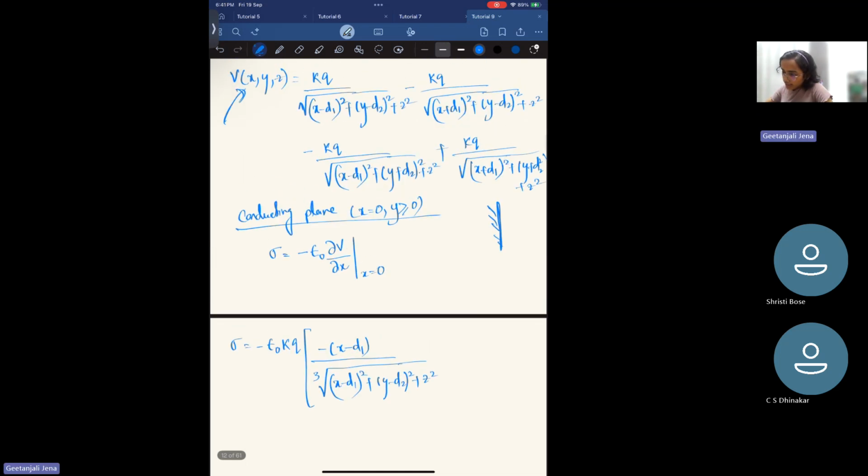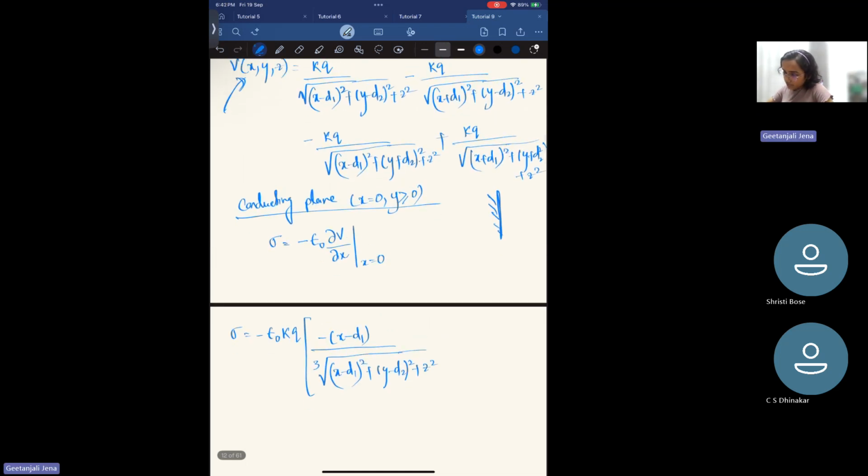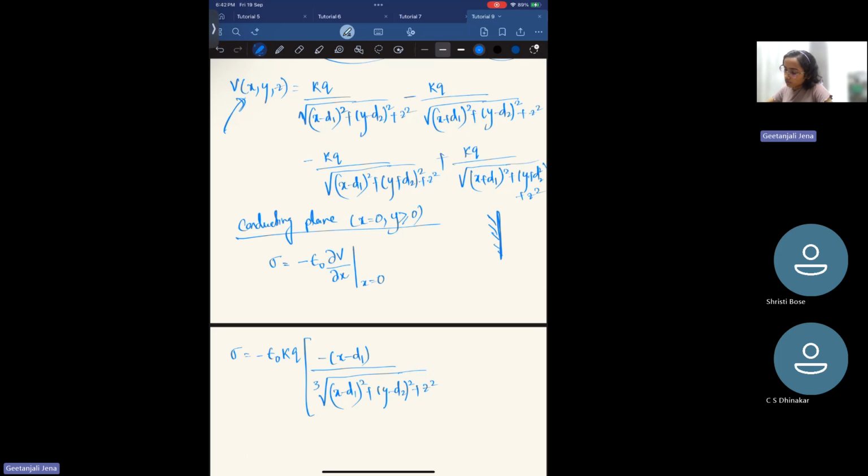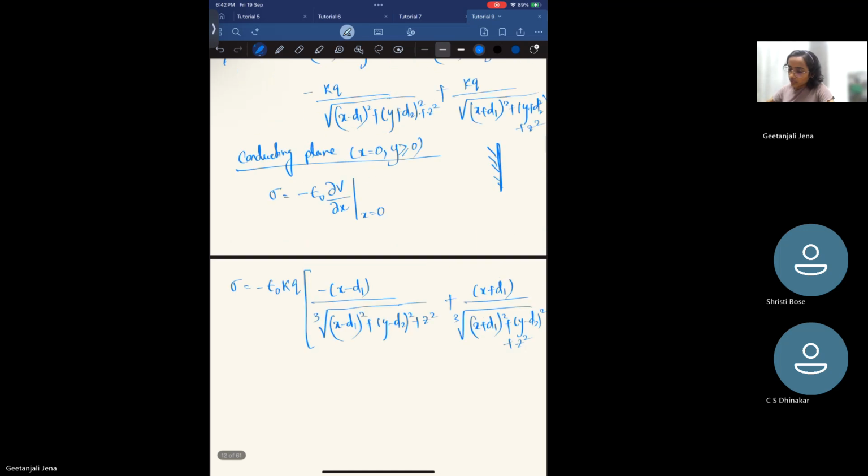Okay, for the second case, there is a negative here, so it will be plus x plus d1, over x plus d1 square, y minus d2 square plus z square to the three-halves.